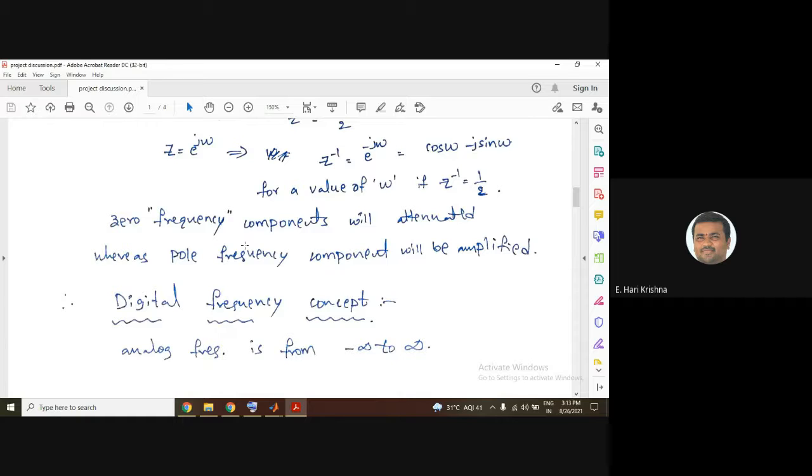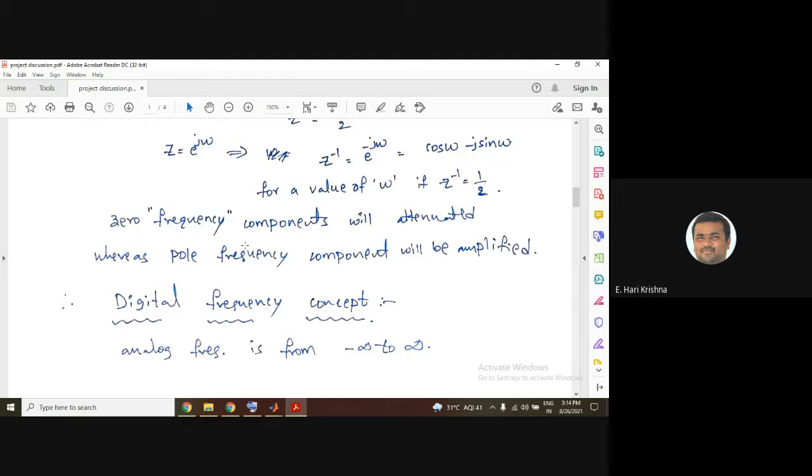Because of mathematics, Fourier series and Fourier transform, there will be a negative frequency component, but in reality, we will have only positive frequency component starting from 0 to infinity.